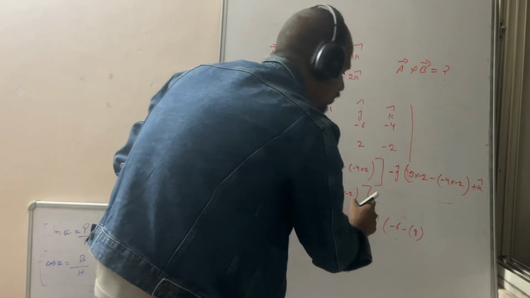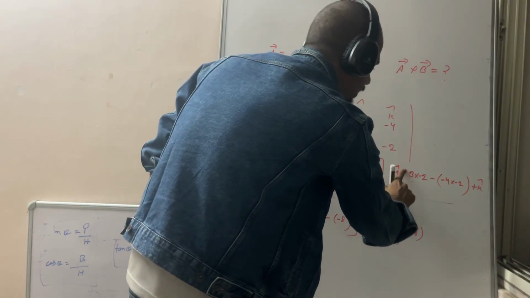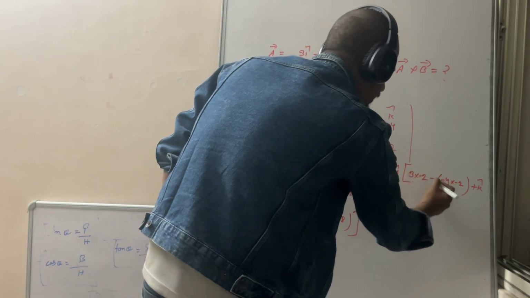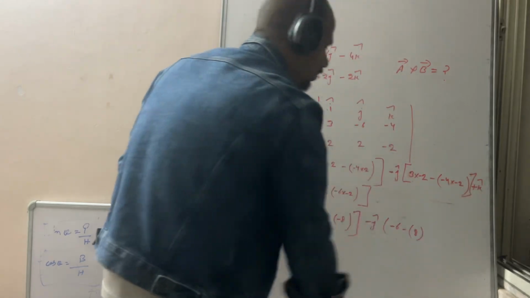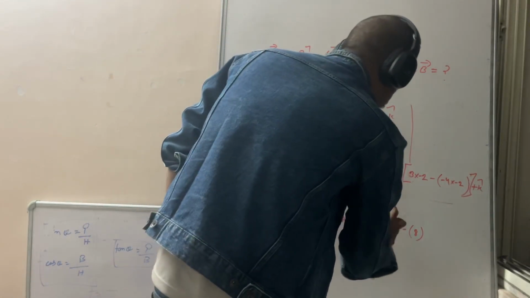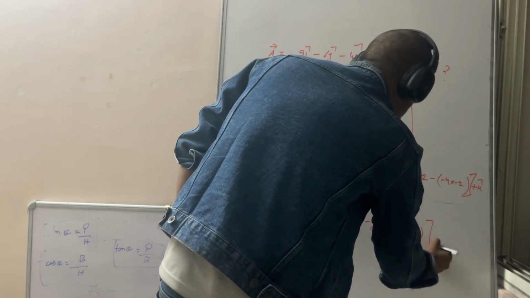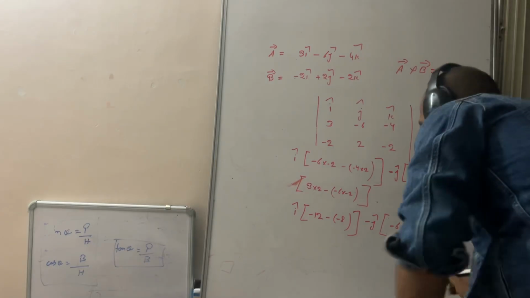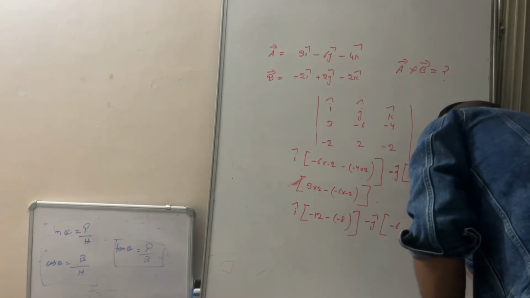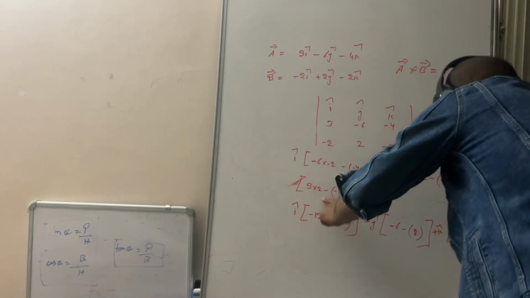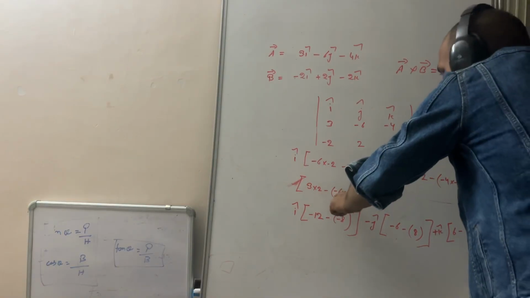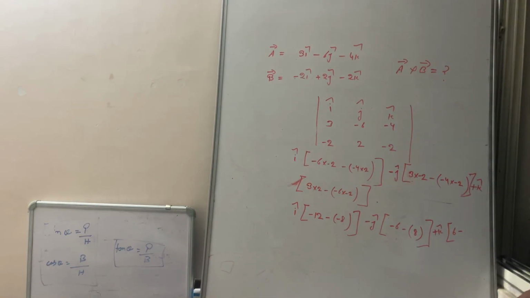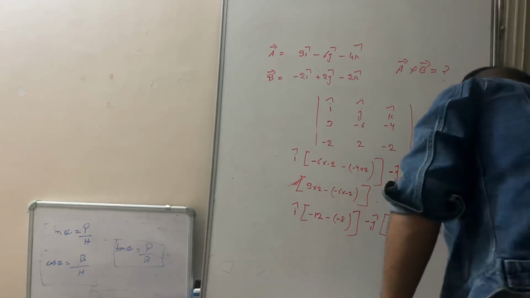We can use a big bracket here also to avoid confusion. Then plus k: 3 times 2 is 6, minus 6 times minus 2 is 12.